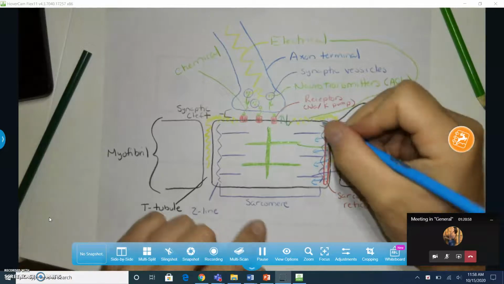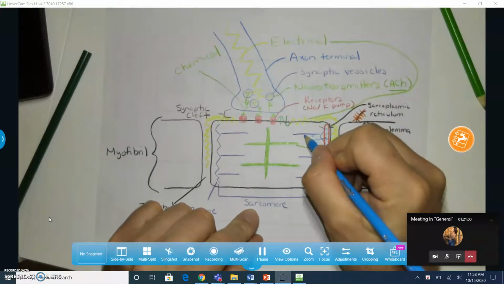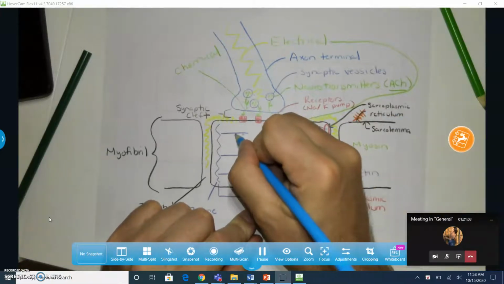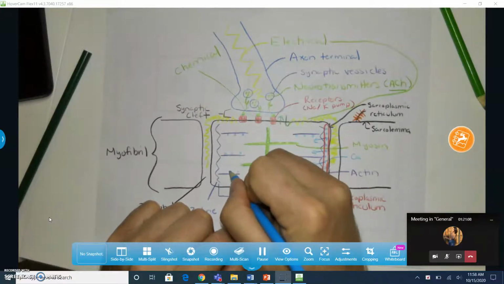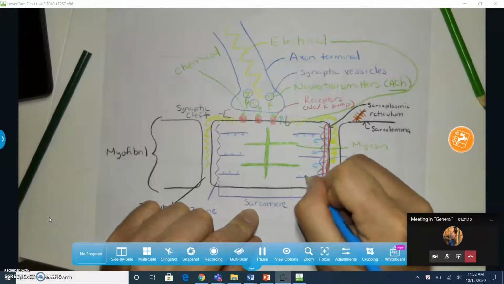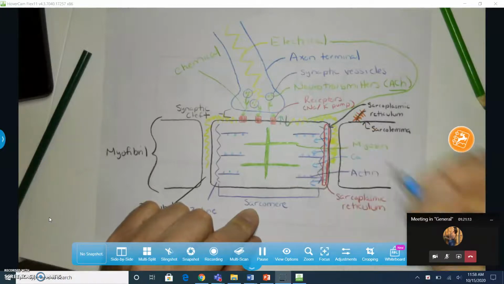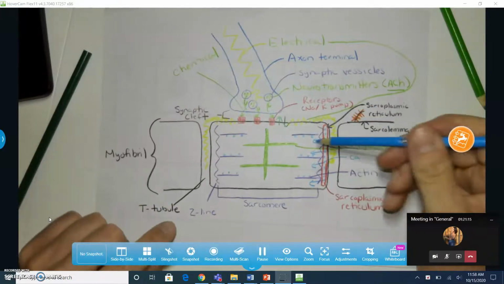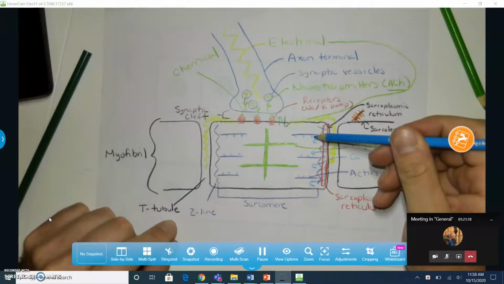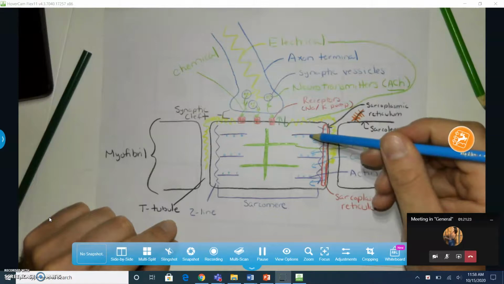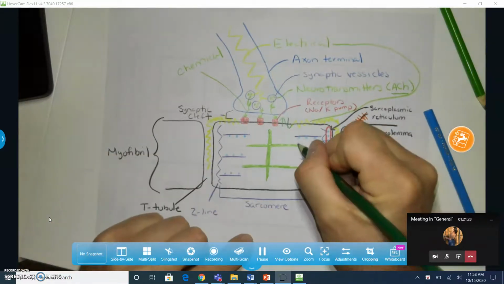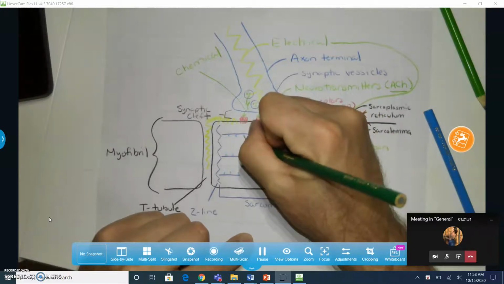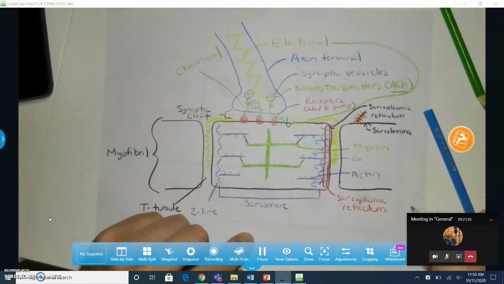They are looking specifically for troponin, which is one of the proteins on these actin filaments. So calcium will stick to troponin, and we know when calcium sticks to troponin, tropomyosin will roll out of the way. When tropomyosin rolls out of the way, now myosin can form a cross bridge with actin.